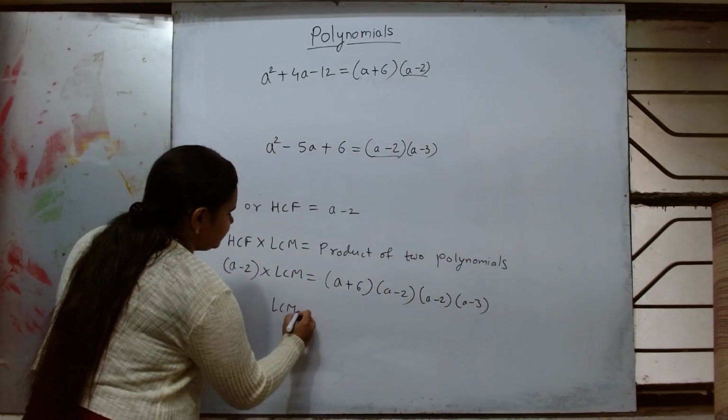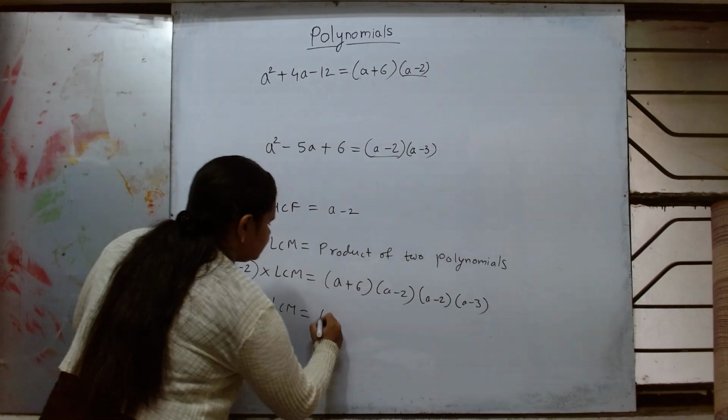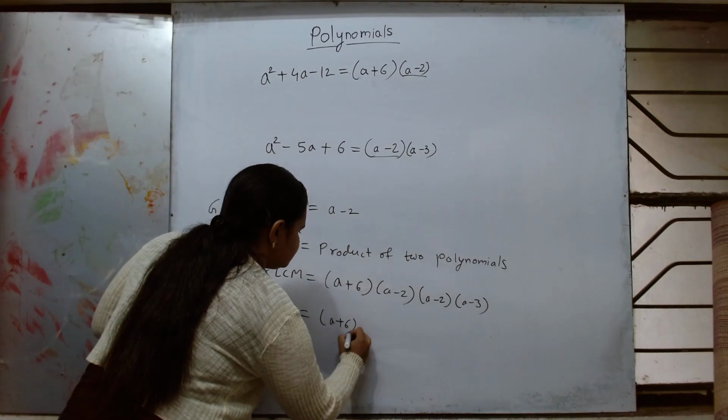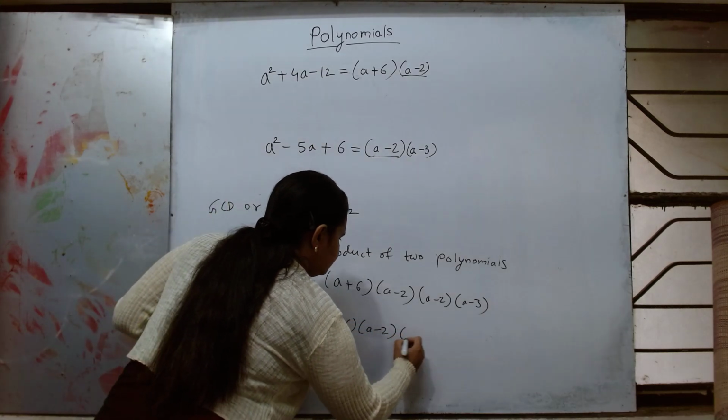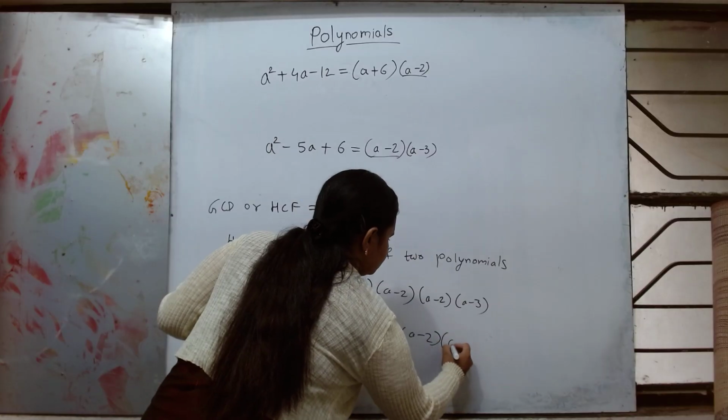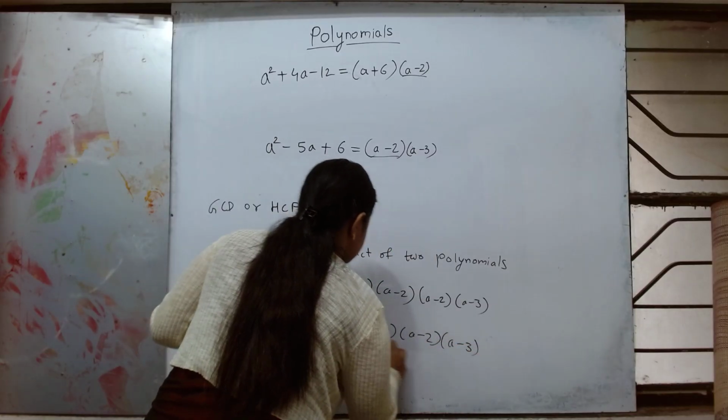Then LCM will be equal to a plus 6, a minus 2, a minus 2, a minus 3 upon a minus 2.